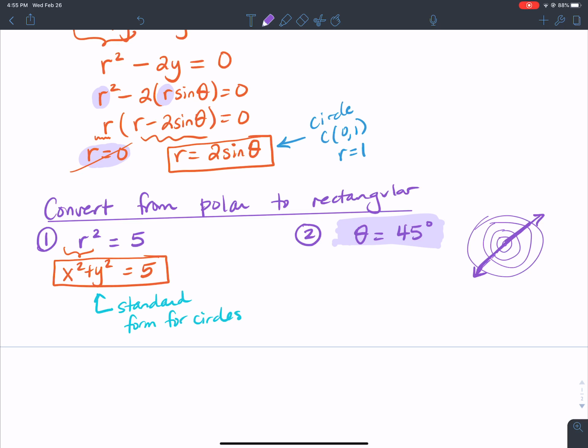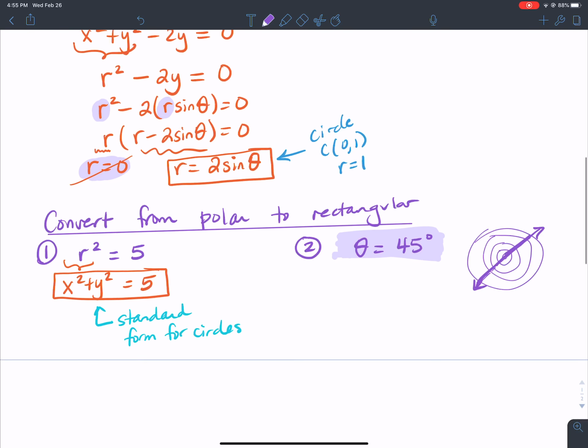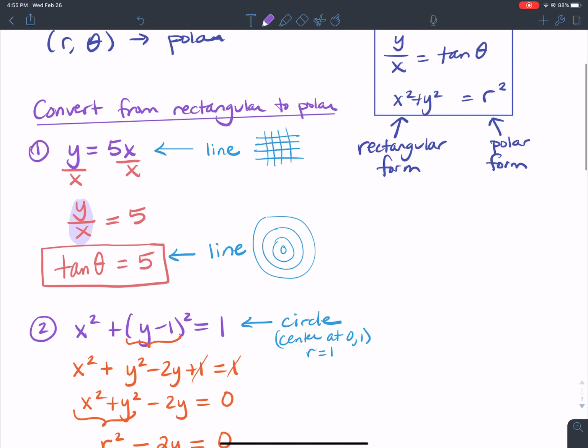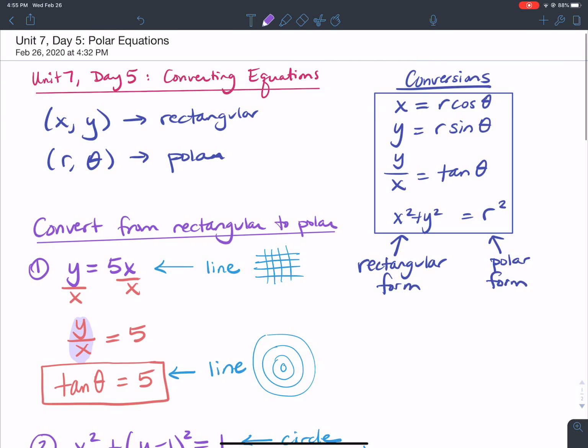But how do we get there is the main question, especially because if you go up here and look in our conversions, there are three of these that have thetas in them. So I'm going to tell you right now that you are going to want to pick the third one right here because this one is different than the other two. Can you see what makes this one different?